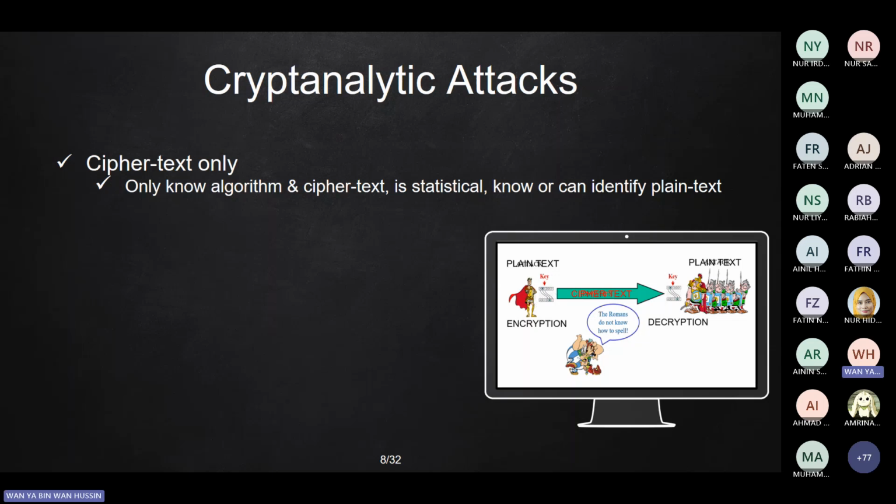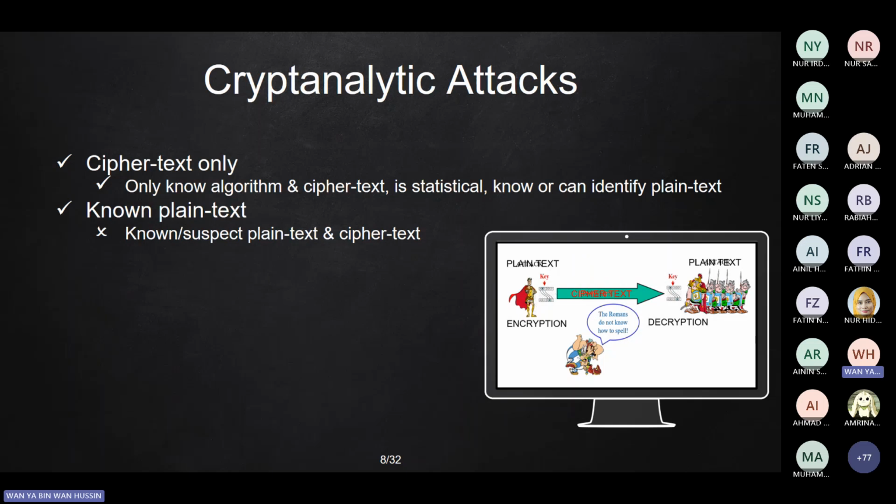We know the crypto algorithm that the system uses, and we need to figure out what the key is. This cryptanalytic type we will use mostly in our course.